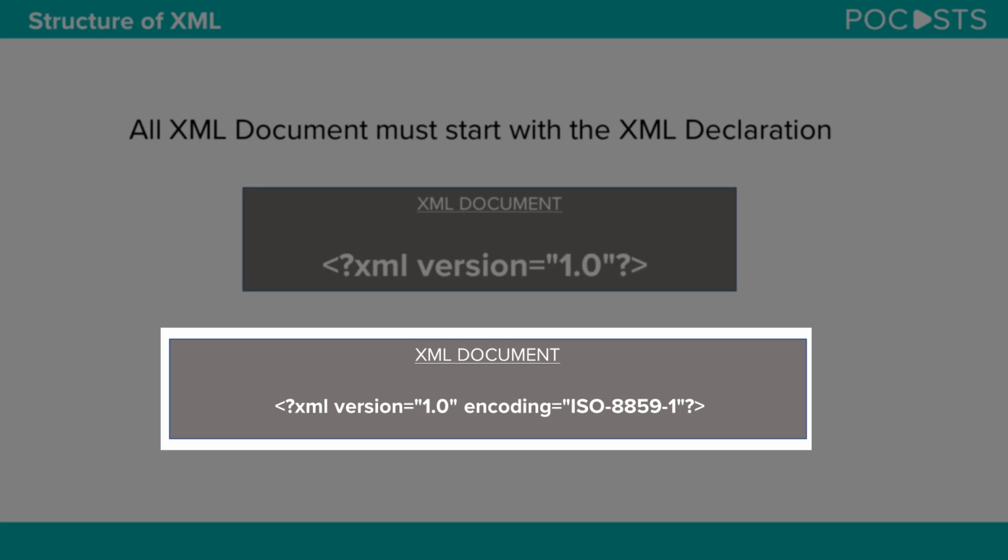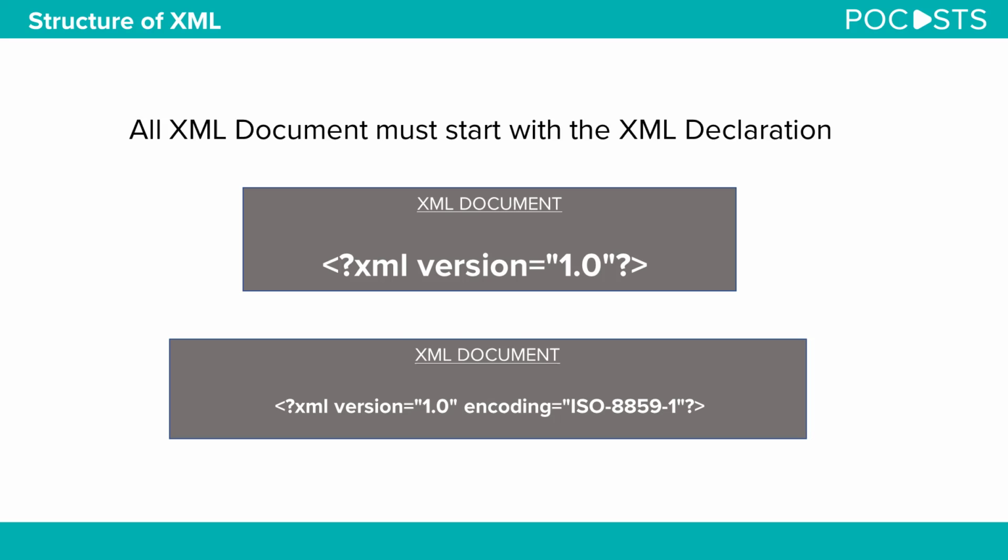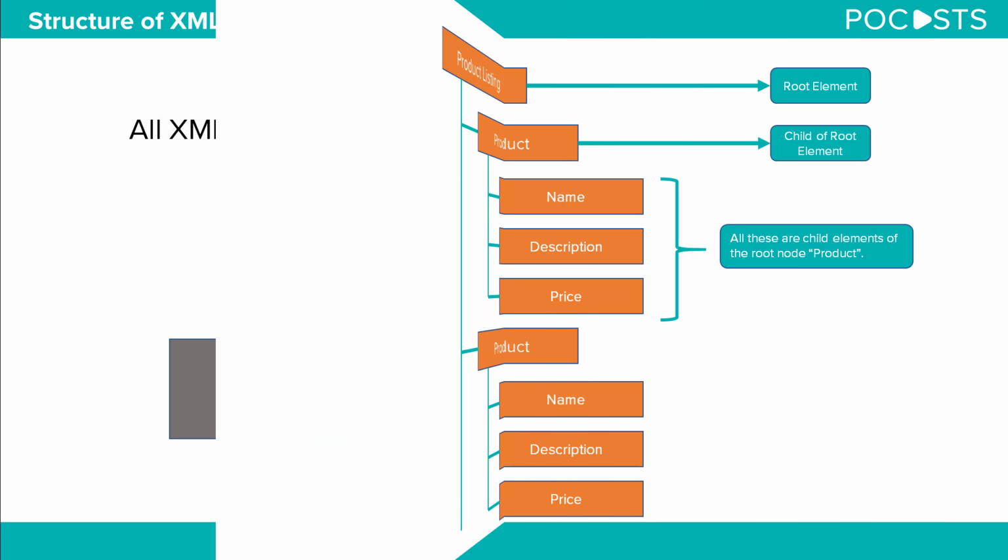It's not the version of the document. The encoding talks about the character set being used inside the XML. Say you're writing Japanese characters, then you have to use a Japanese character set. You change the encoding to a Japanese encoding, so that when the XML renders the output, or when someone wants to read it, they know what character set is being used inside the XML. Okay, let's go and create one document using this notation.